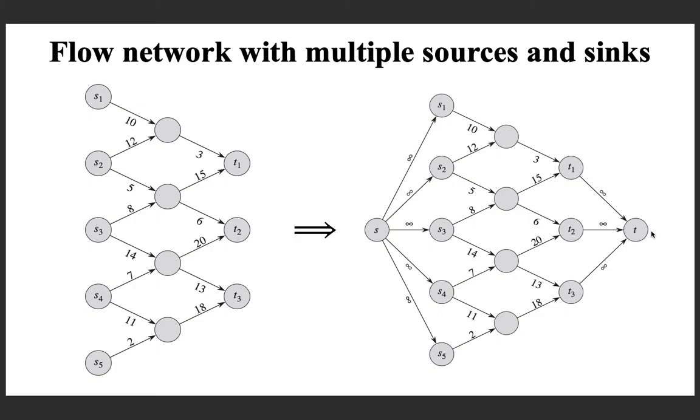Similarly, you can add a new vertex as the sink and add infinite capacity conduits reaching it from the existing sink vertices. This is a very simple technique to make it a flow network. So you can assume without loss of generality that a flow network is going to have a unique sink and a unique source.